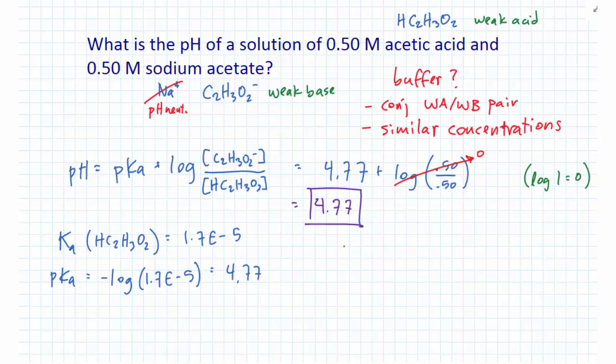Oh, yeah, sure. If the concentrations are the same, what very general thing could you say about a solution if the concentration of acid and base are the same? Okay, there we go. pH equals pKa of a buffer if concentrations are the same.